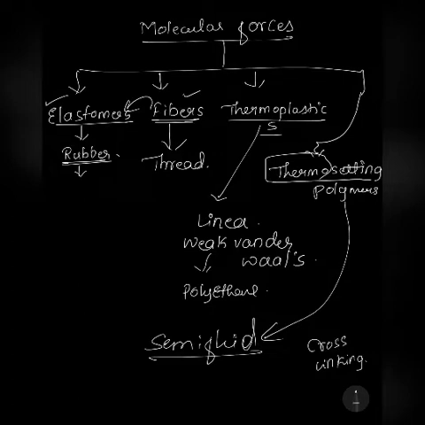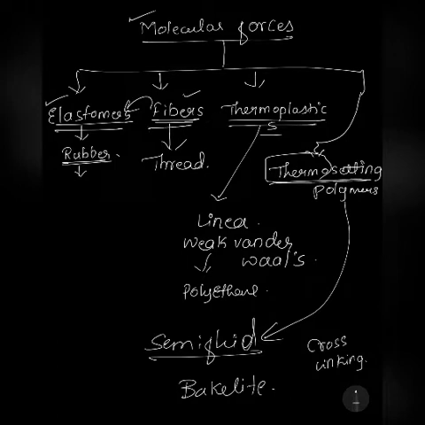Best example for this is bakelite. So these are all 4 types of classification based on molecular forces: elastomers, fibers, thermoplastics, thermosetting polymers. I hope with respect to classification there is no difficulty over here.